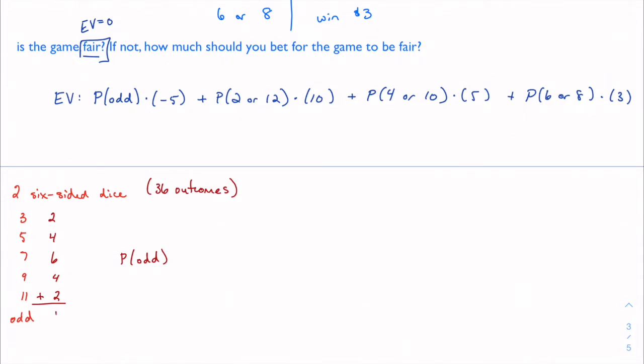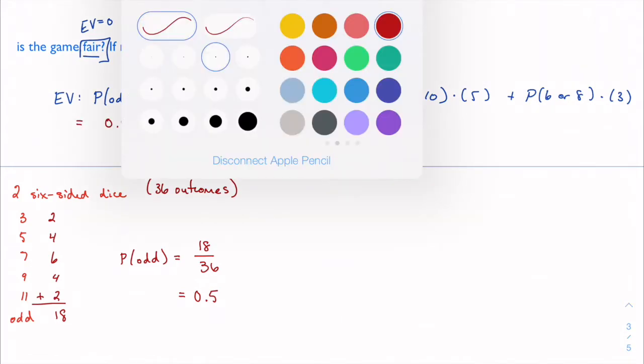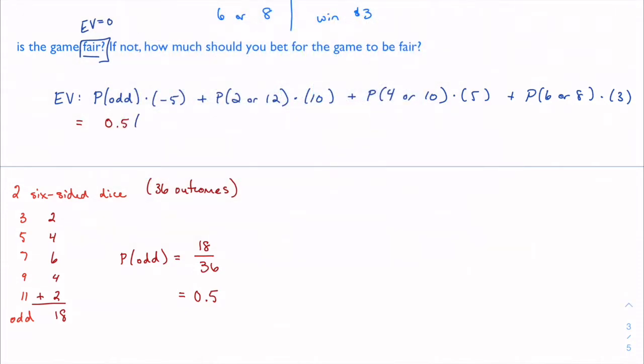So there are 18 possible odd outcomes out of 36 outcomes total. So the probability of rolling an odd number is 0.5. So we're just going to go ahead and log that right in our formula. So half of my rolls, if I were to carry this game out for hundreds and hundreds of trials, theoretically would result in me losing. This is already a bad start to this game. This is already a bad sign. But let's continue.